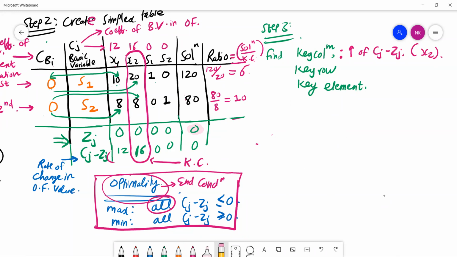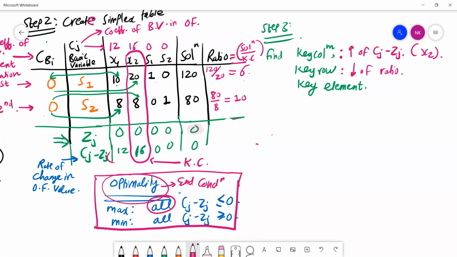Okay, now the next step. Once you find the ratio, you need to find the key row. What will be the key row? It will be the lowest value of the ratio. Now, what will be the interpretation of this key column and key row? I will say that once I complete this.